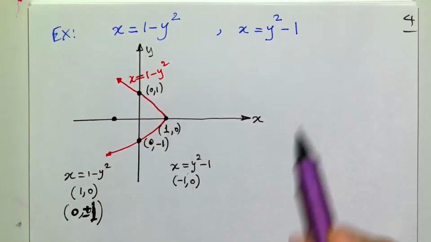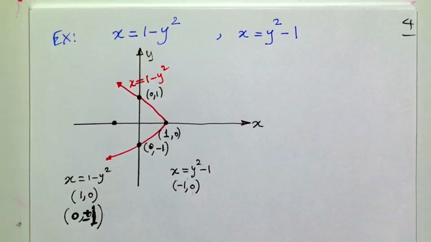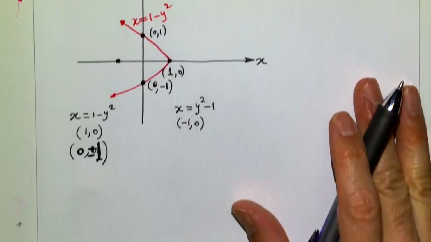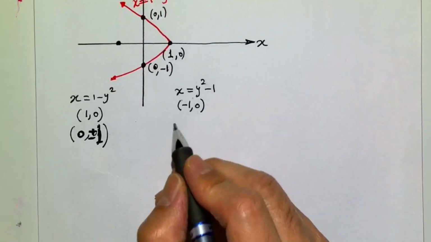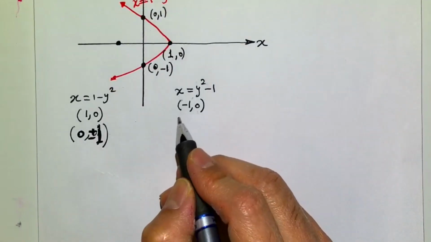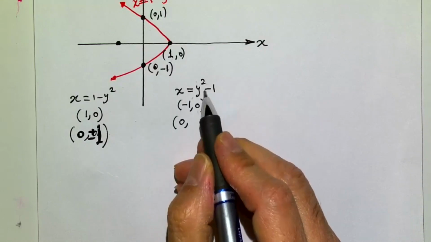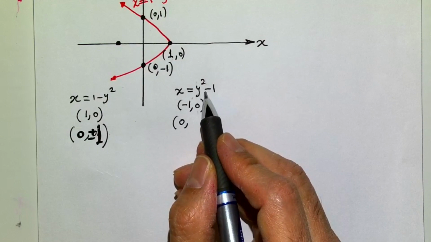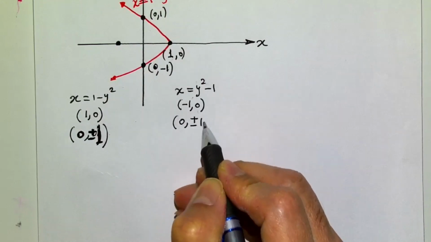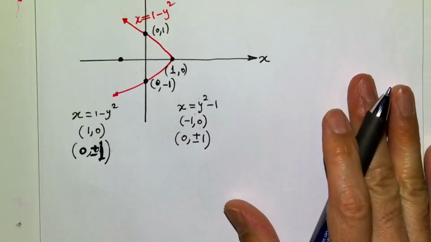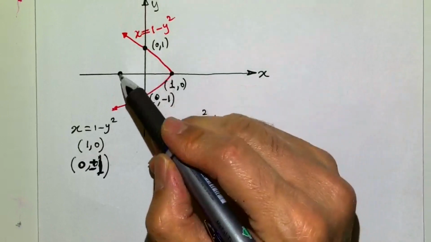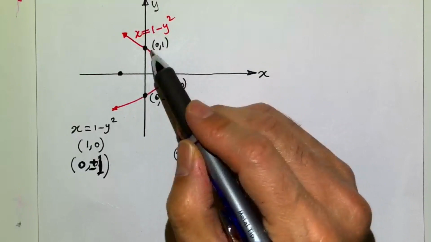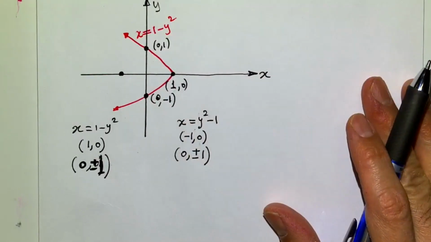So let's graph this one. We already know what the x-intercept is. To find the y-intercept, we substitute x with 0. Once again, when you solve for y, you get plus or minus 1 for this function as well. So this function is opening to the right, and it's going through the same y-intercepts as the other curve.